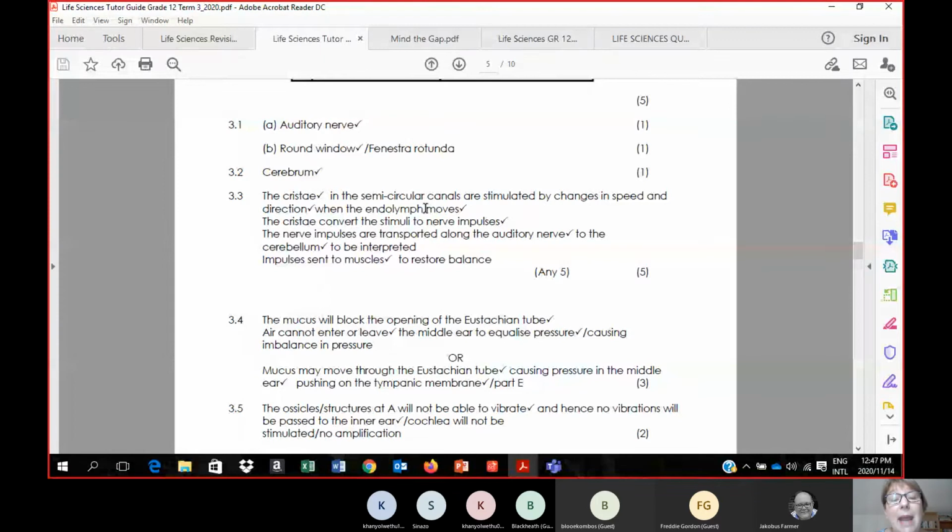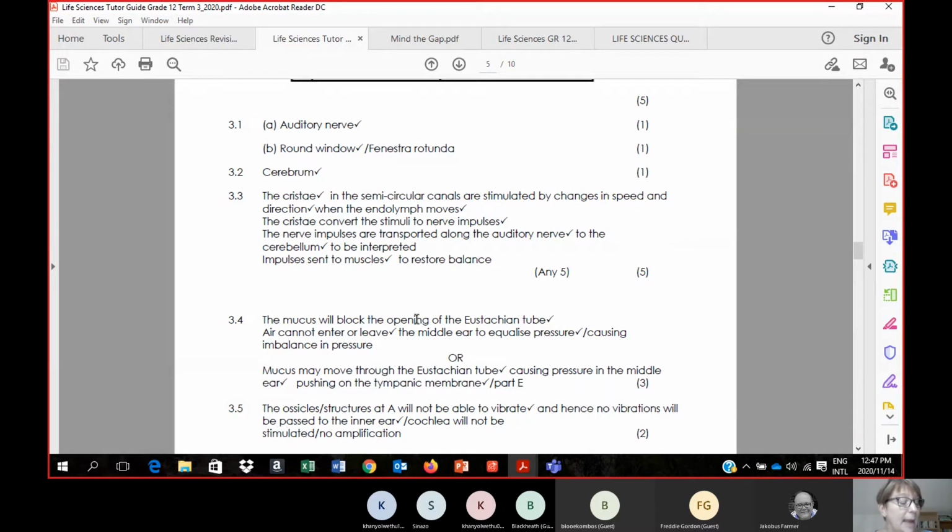The endolymph is the name of the fluid. The cristae convert the stimuli to nerve impulses. The nerve impulses are transported along the auditory nerve to the cerebellum to be interpreted, and impulses are also sent to the muscles to restore balance. Okay, so you need to know about, okay, that's all fine.